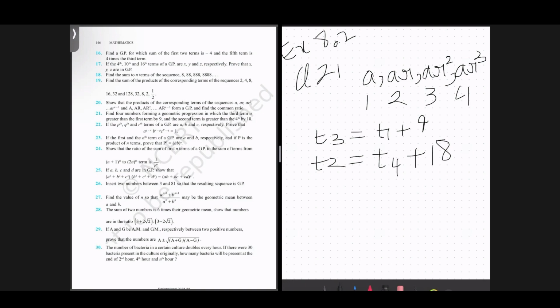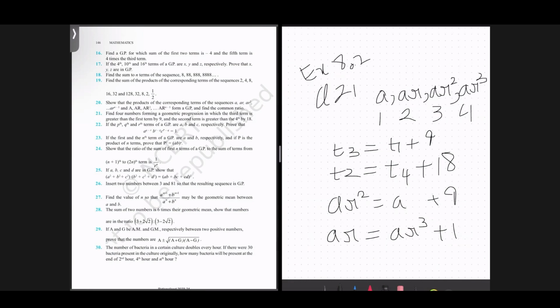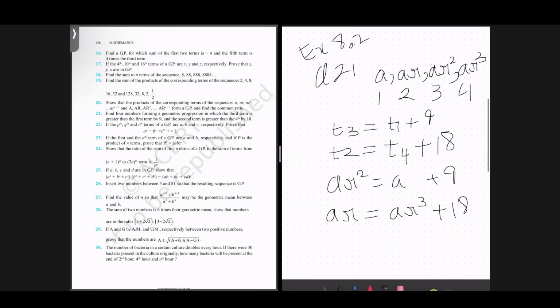Now substituting these values into the equations, T3 can be written as ar square equal to a plus 9, and here you have ar equal to ar raised to the power 3 plus 18, right?